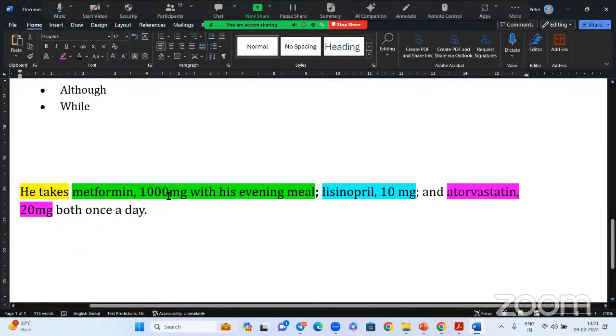So he takes A, B, and C. Separating A from B is a semicolon, separating B from C is another semicolon, like that. This is called a listing of things.